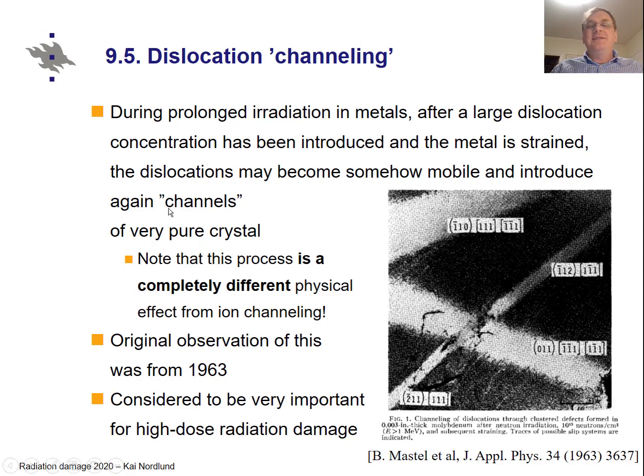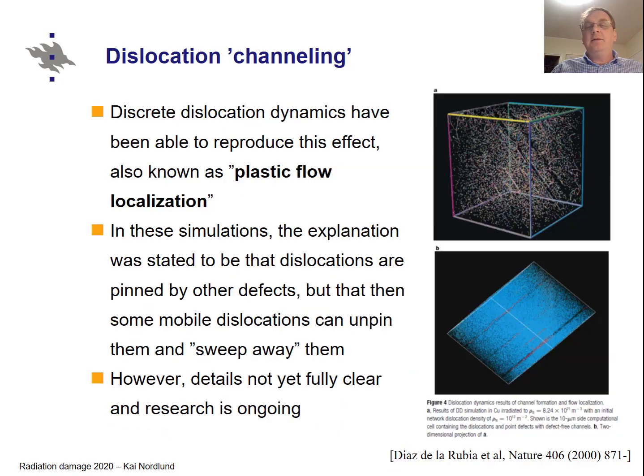Okay, now I emphasize that this dislocation channeling has nothing to do with the ion channeling we discussed earlier in the course. And this is believed to be very important for understanding how radiation damages metals. But this is one more of the effects that are not fully understood.